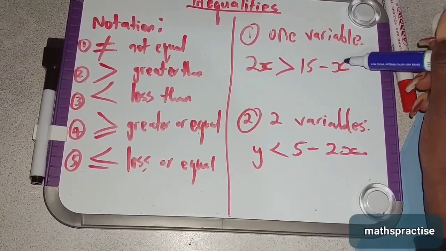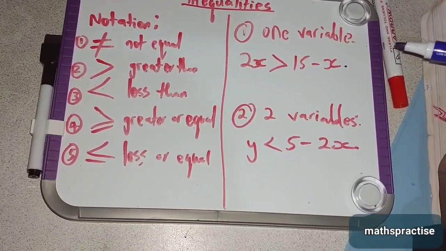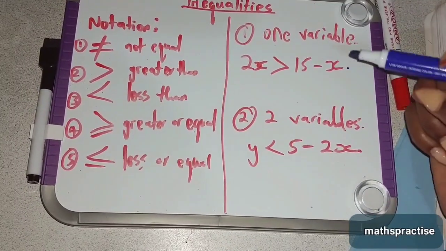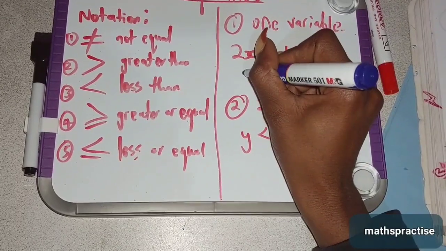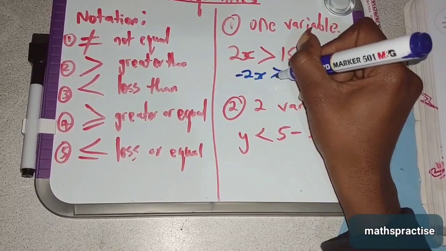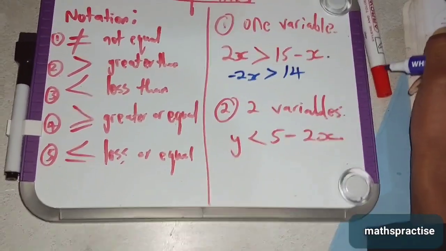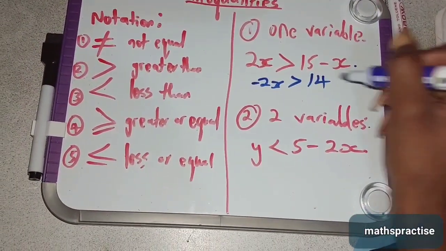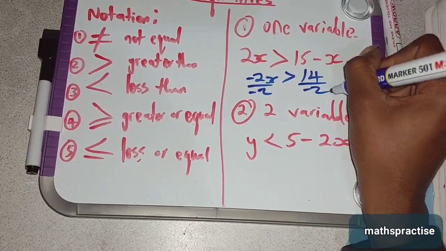When solving, you just solve it the same way that you do with linear equations, but the only difference with inequalities is this. For instance, you have minus 2x is greater than 14, and we just want to make x the subject of the formula. You're going to divide by -2 on both sides.